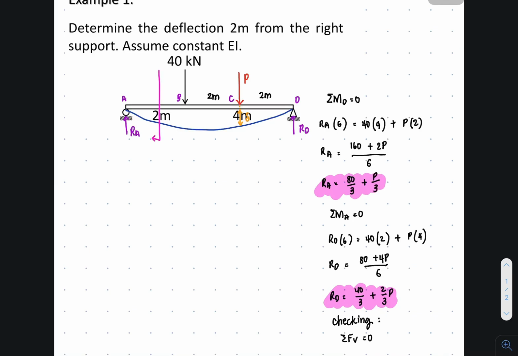Basically we're just going to follow what we did from the virtual work method. But in this case, it's a shortcut method where you don't have to draw another virtual beam anymore. Instead, we place the P immediately at the point where deflection is asked.